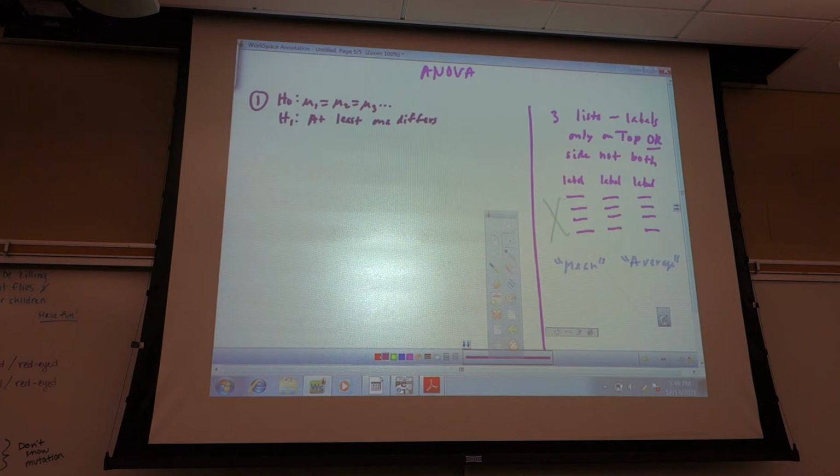Great. Step 2. What's up with step 2? I find my critical value. What was that? Yeah. So my critical value, I don't really have a critical value. Instead I'm going to use alpha and compare to p-value.